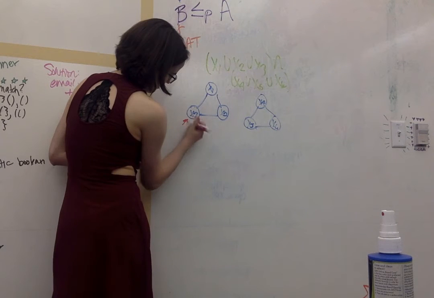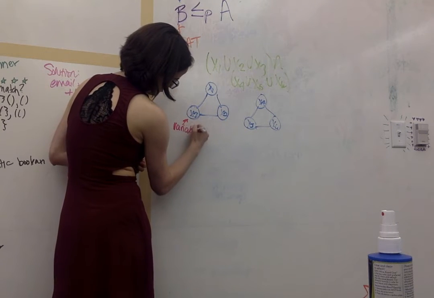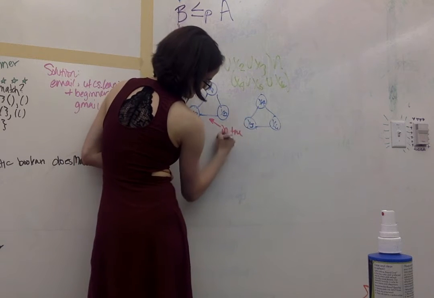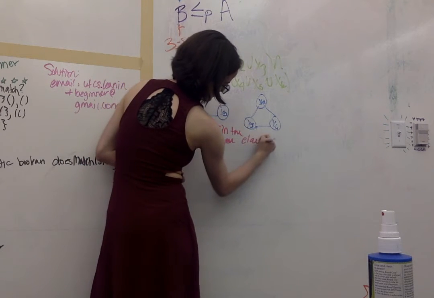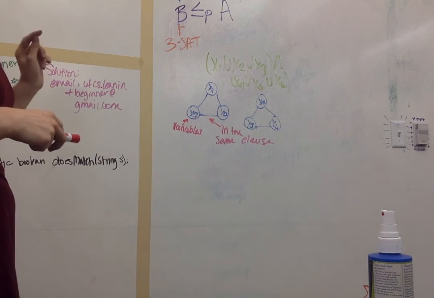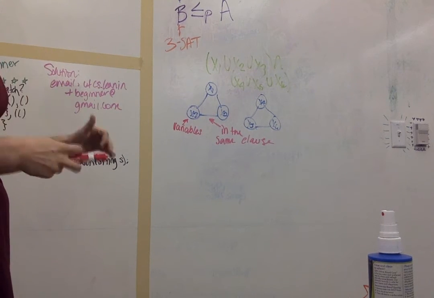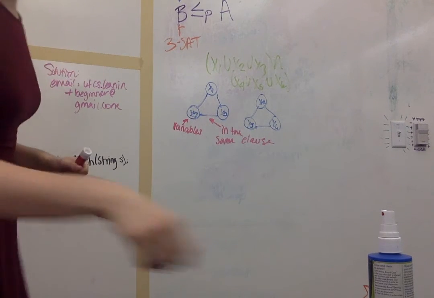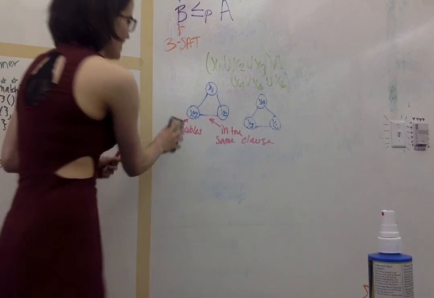So these are the variables, and this connection means in the same clause, right? So that's how we construct this graph, and this one was really obvious and really easy because our clauses were disjoint. So if they're not disjoint, the graph has to look different, right?